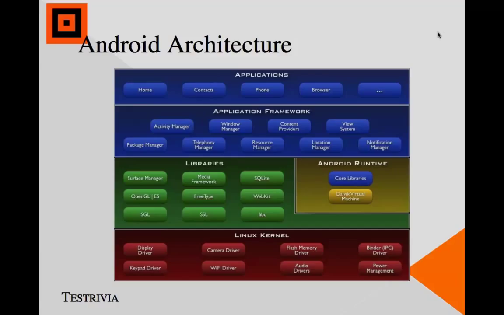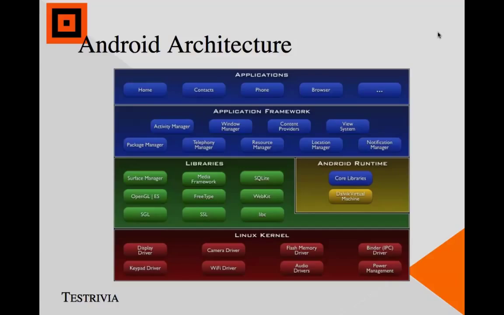That is the true meaning of OpenGL. And the Media Framework. SQLite is the database, which you can also Google. SSL is the Secure Socket Layer library; when you transmit your data over SSL, it will make use of these libraries. And the Surface Manager. So these are the libraries.